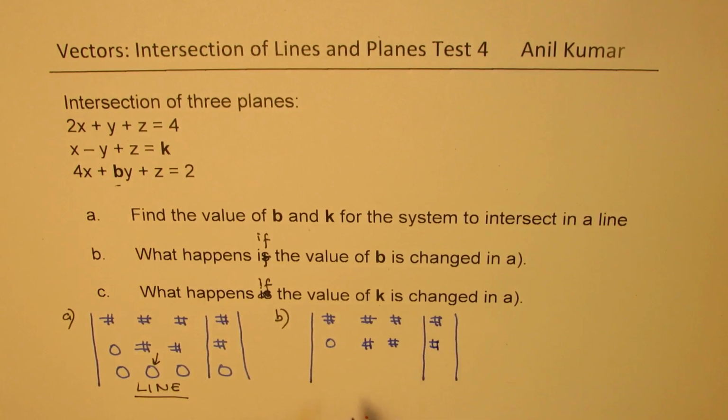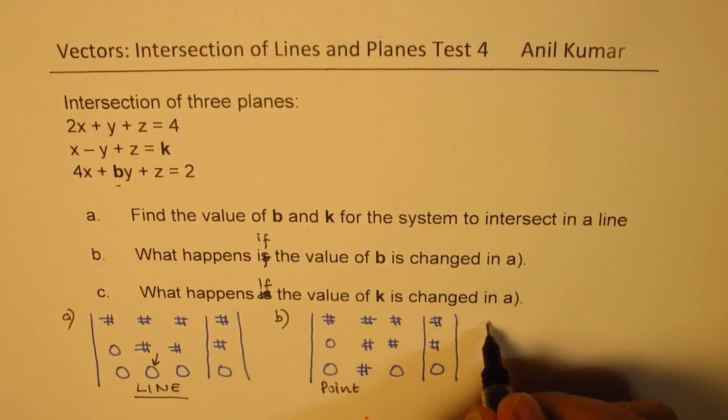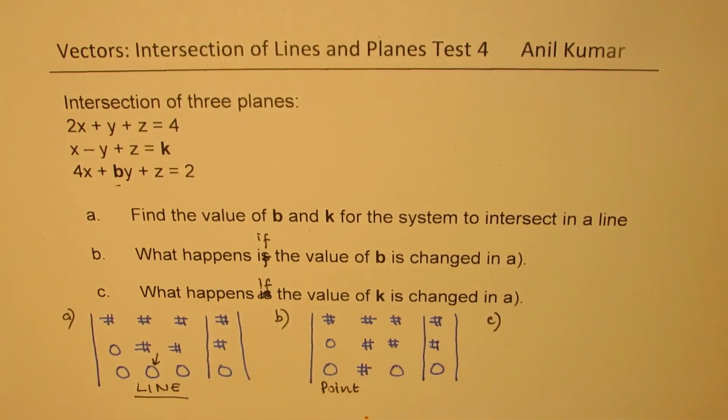These are any numbers, right? So if I change this, we may not get 0 here. That's the whole idea. So we have 0 something here, 0 equals 0. Now definitely we have in this particular case one solution. So we have a point as our solution, correct? So that is part B, and C is when we change the value of k.